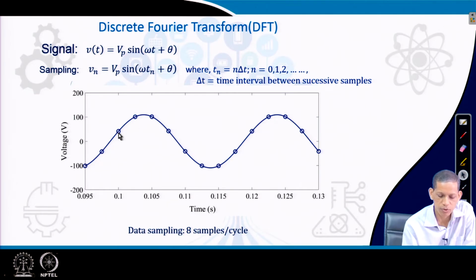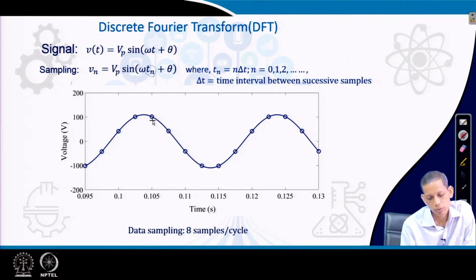These are the different sample values. We represent the samples as V n equals Vp sin of omega t n plus theta, where t n is nothing but n into delta t, where delta t is the time interval between two consecutive points, and n is the sample number.